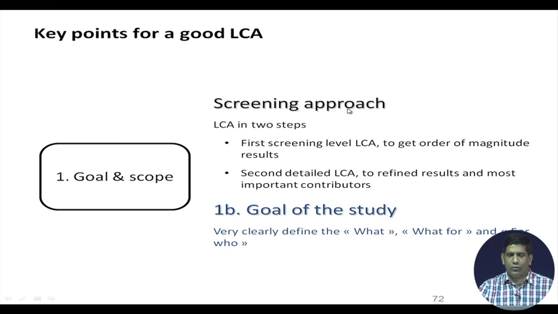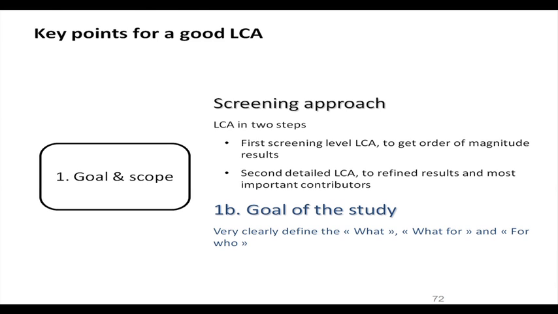A screening approach is, if you remember, in the beginning we said that when we do this LCA, sometimes we do it in 2 steps. In the first step, we do a screening level LCA to get order of magnitude results, where we don't go into nitty-gritty detail. That helps us find out which processes have the bigger impact, and then in the second, detailed LCA, we refine the results and focus on the most important contributors.